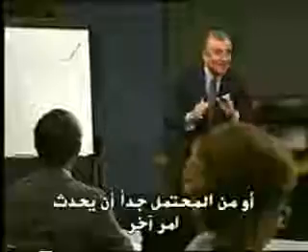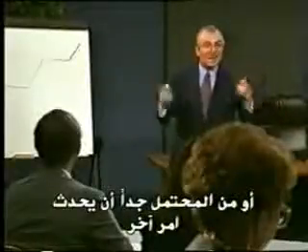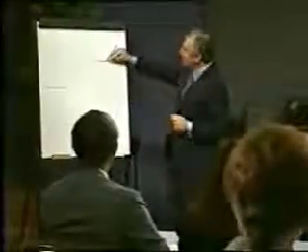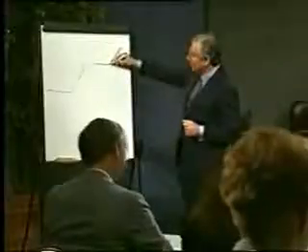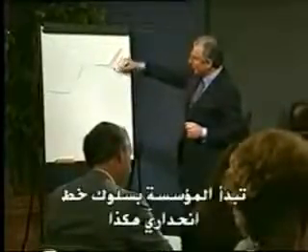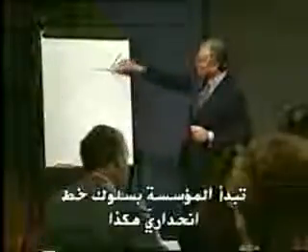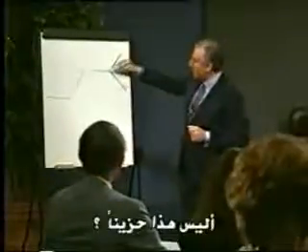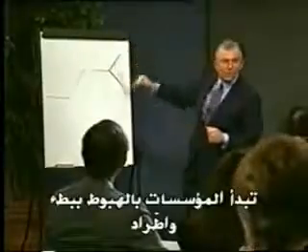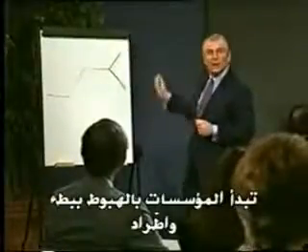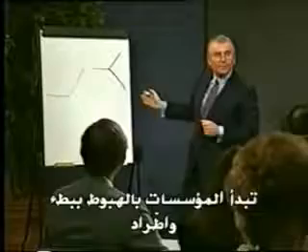Or it is very possible that something else takes place. The organization begins to go in a downward fashion like this. Now, isn't that sad? Organizations just begin to go downhill slowly and surely.